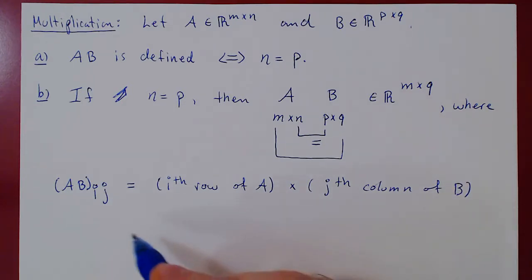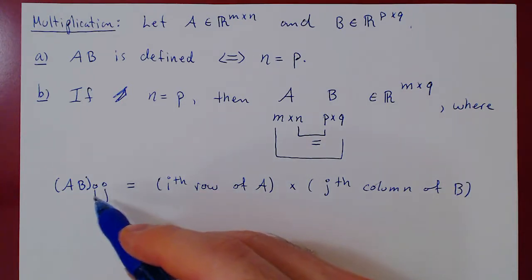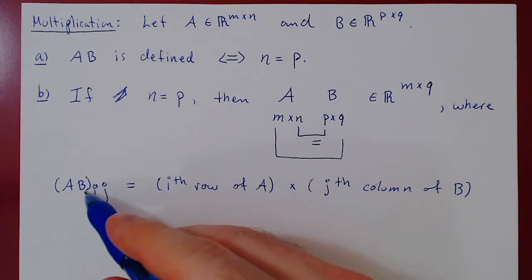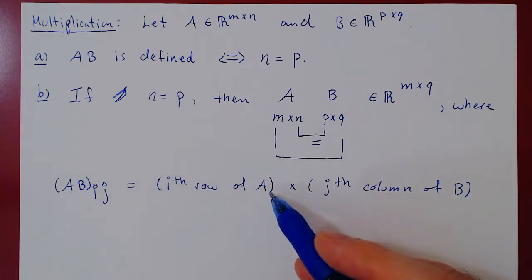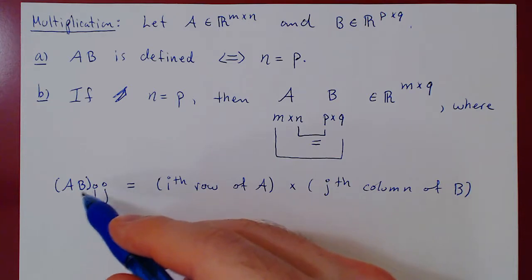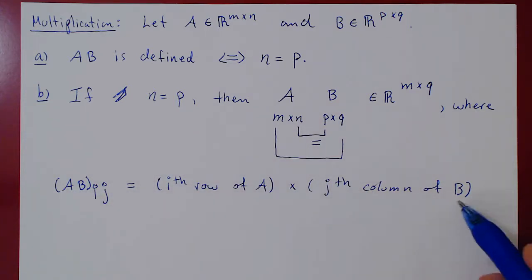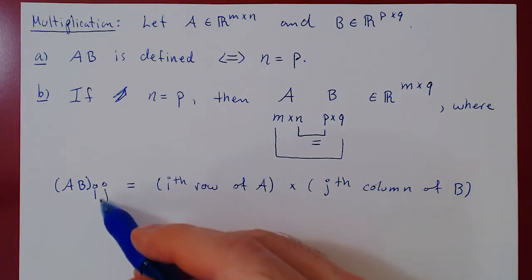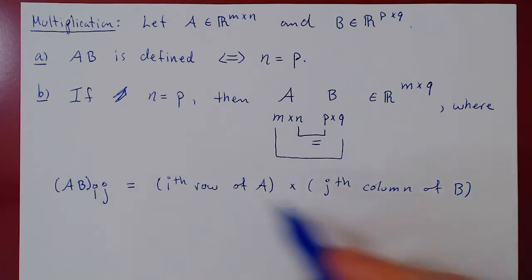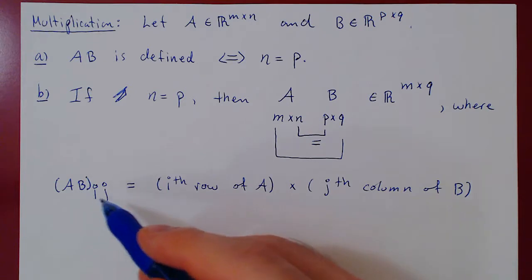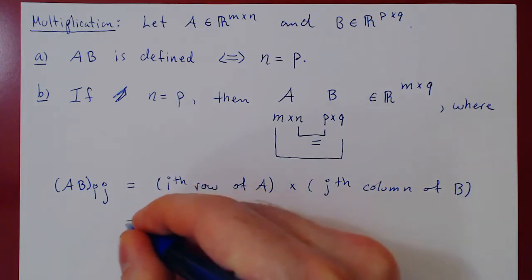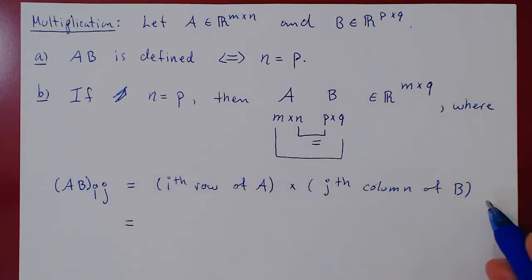If you want the entry in the ith row, jth column of the new matrix AB, you take the ith row of matrix A, first index with the first matrix, times the jth column of the second matrix B, second index, second matrix, and you will find the single entry in AB in row i, column j. Now this is what we use for computations.